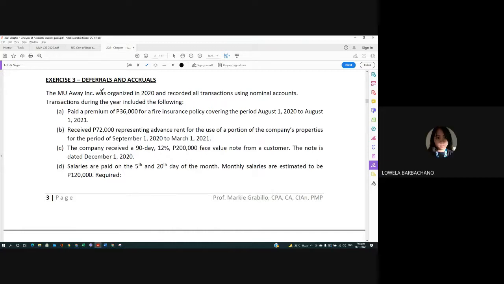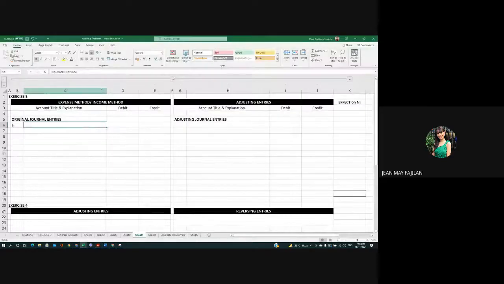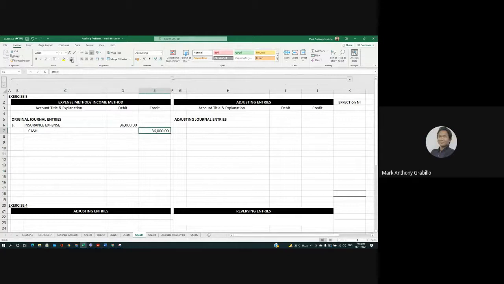Right. So what will be our entry sa letter A? Debit insurance expense and then credit cash. Amount? 36,000. All right. Nakuha po ba? Opo. Okay.